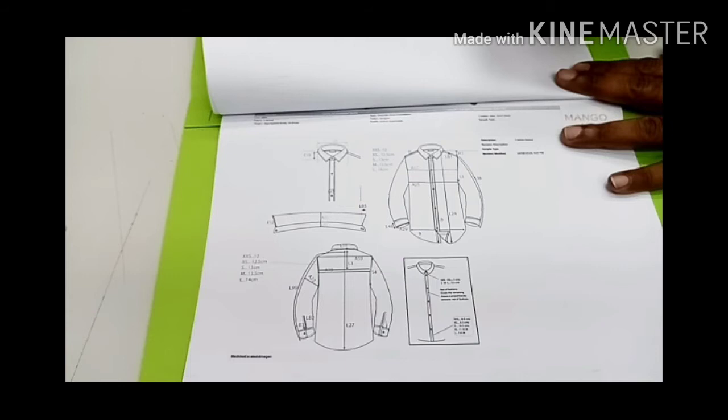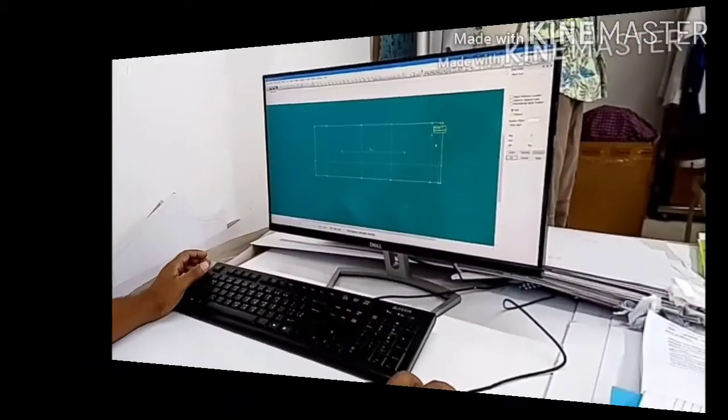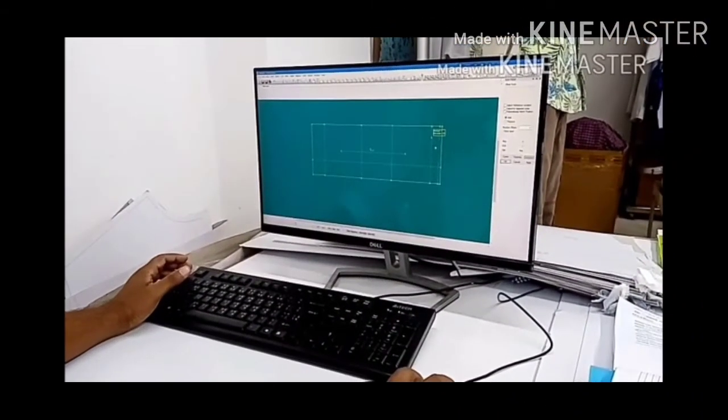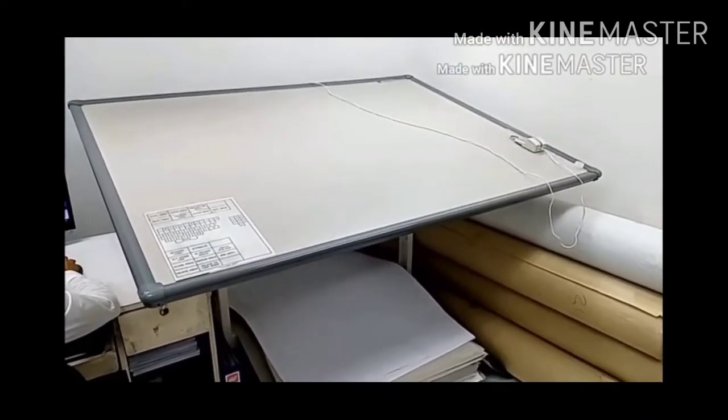This is the sketch, and the next one is the garment picture, and this one is the base pattern, how to do it. I already showed that in my earlier video. This is the digitalized pattern table.